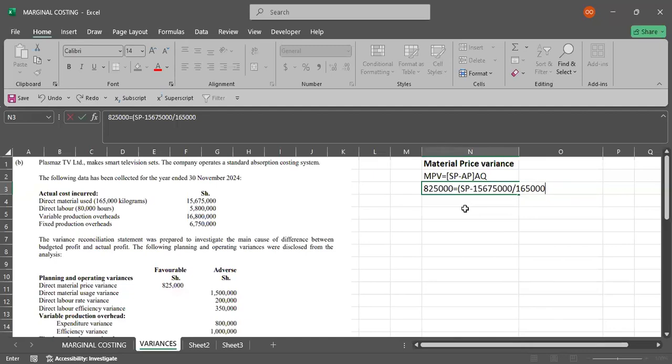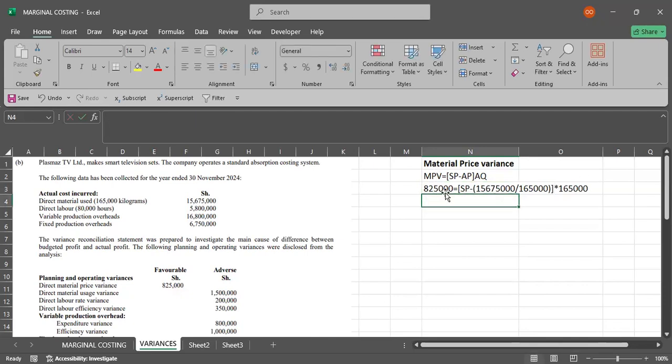Then to that actual price, we need to multiply by actual quantity, which is 165,000 kgs. Good. So what are we getting? Somebody give us the first figure, so at least we know whether we are moving together or not.